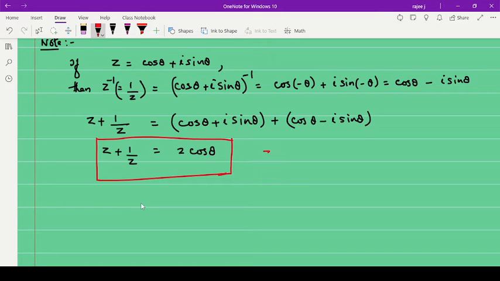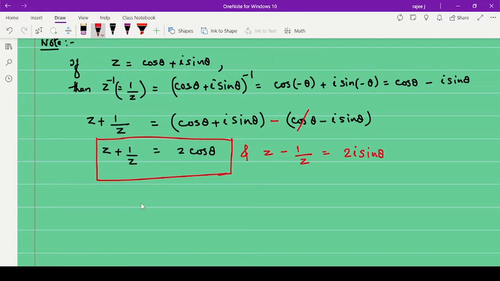Similarly, if I write z minus 1 by z, if I subtract, the cos theta will get cancelled. Then i sin theta minus minus i sin theta means i sin theta plus i sin theta, and you will be getting 2i sin theta.